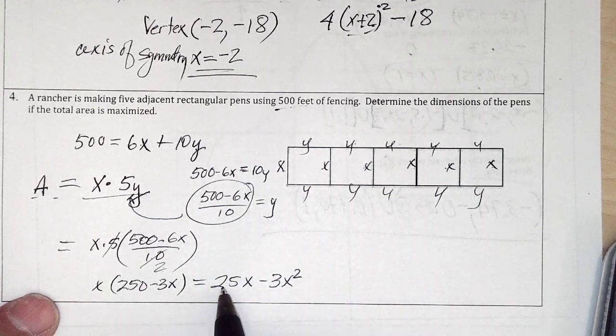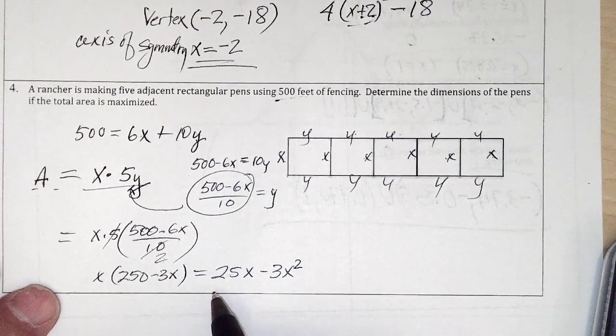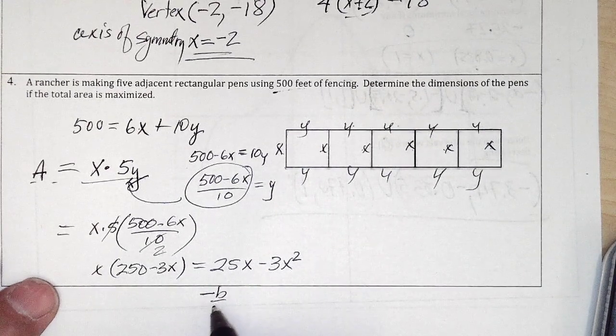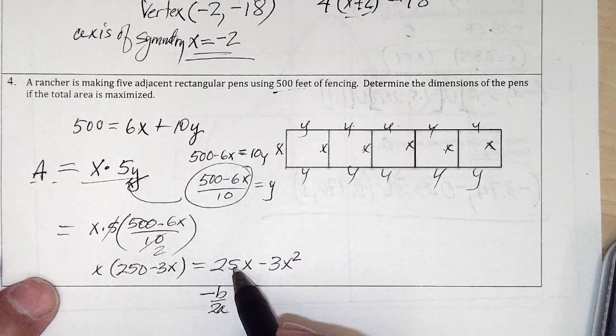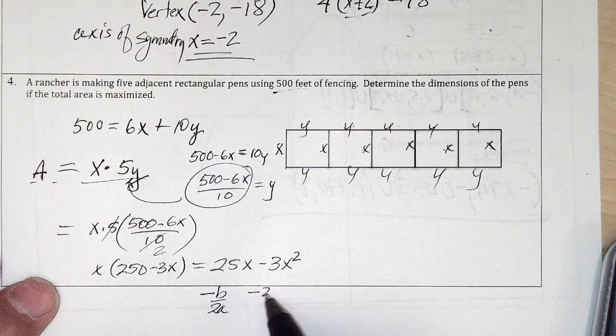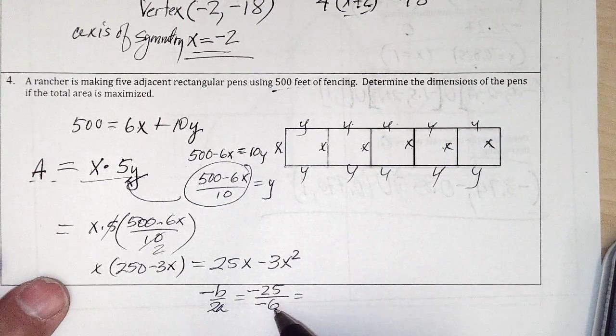And if I want to find the vertex of this, I can go minus b over 2a and plug it in here and find the area, but that would be the x that does this. So minus 250 over 2 times this, which is negative 6.